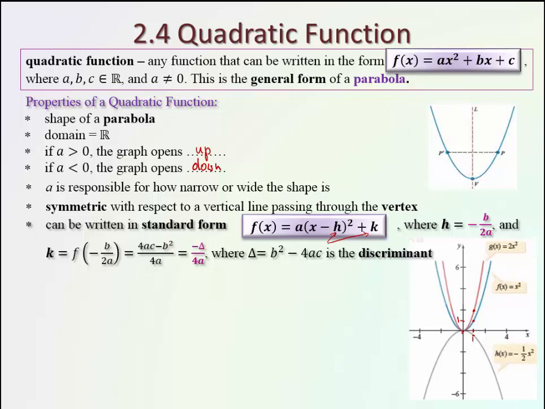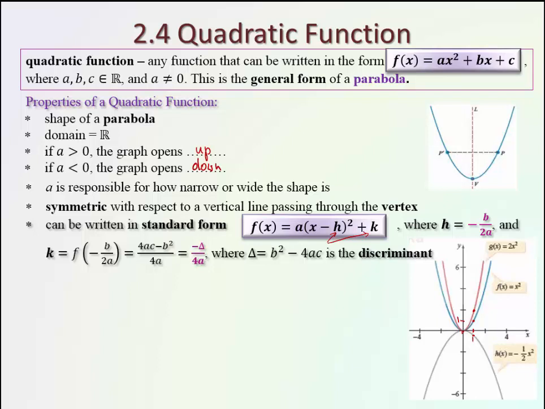h in terms of a, b, and c can be written as negative b over 2a. That formula really comes from the procedure of completing the square of the general form of a quadratic function. And also the k coordinate, the second coordinate of the vertex, can be found by just evaluating our function at the first coordinate.